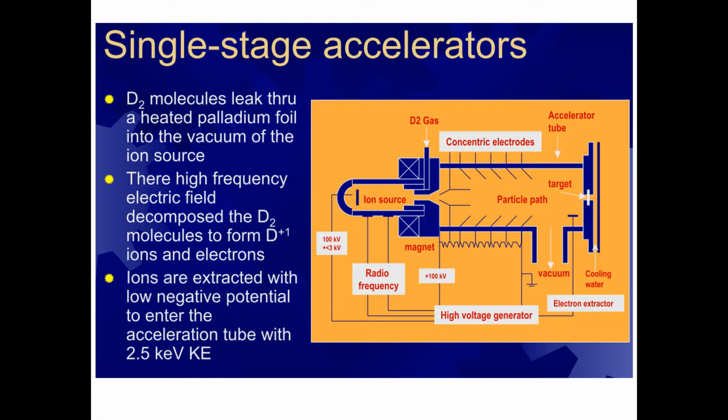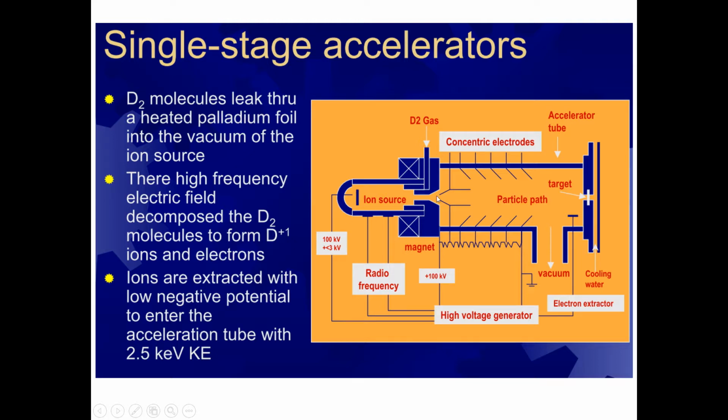The high frequency electric field decomposes the deuterium molecules to form deuterium ions and electrons. First we carry the deuterium gas to the vacuum of the ion source, and then we apply the high frequency electric field, which decomposes the deuterium molecules to form deuterium ions and electrons.